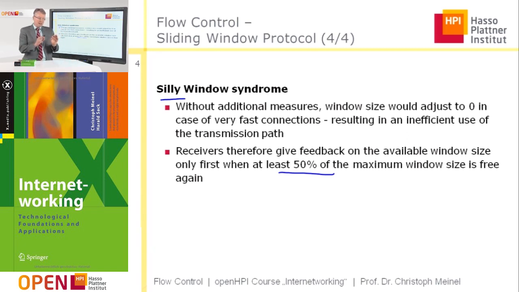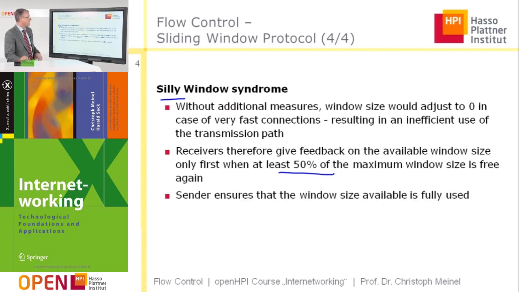This avoids that only tiny portions of the message are transferred over the internet with this mechanism of acknowledgement. So the silly window syndrome is avoided by this strategy that the receiver is allowed to send back the new window size only when at least 50% of the maximum window size is free again. In this way, the sender ensures that the available window size is fully used.